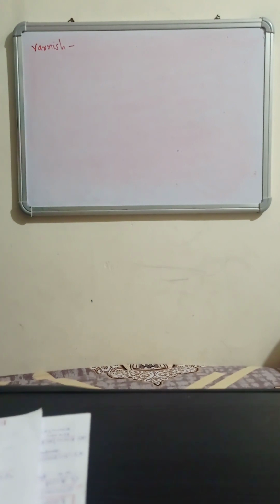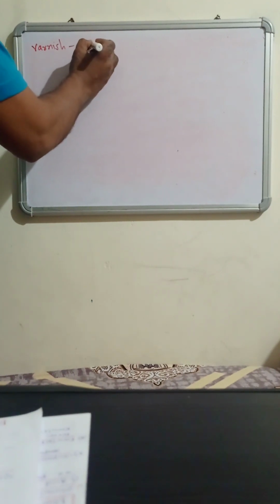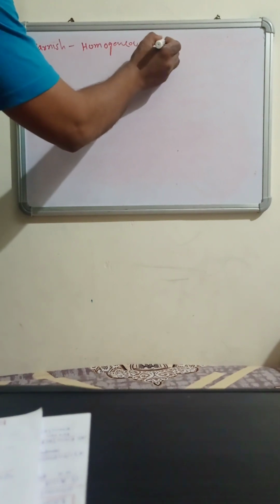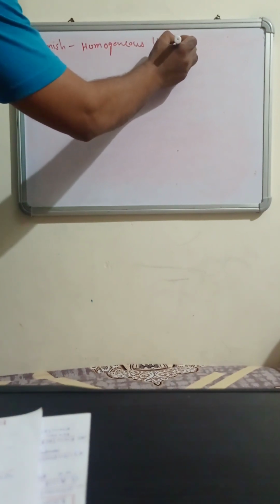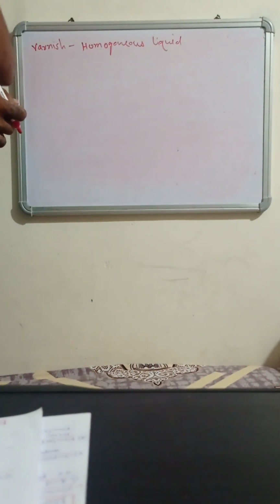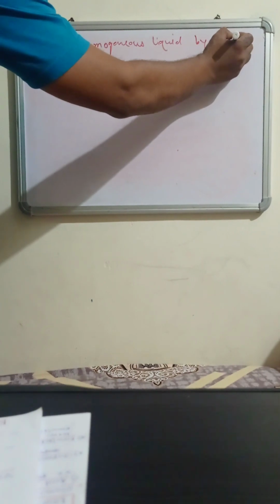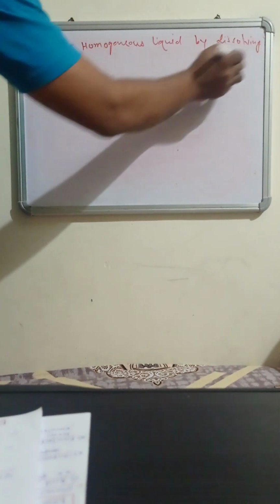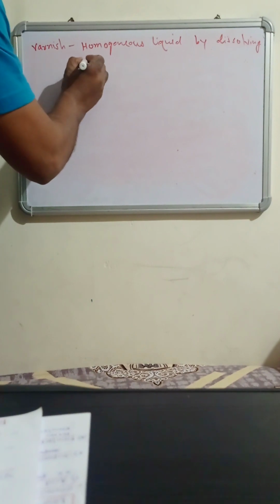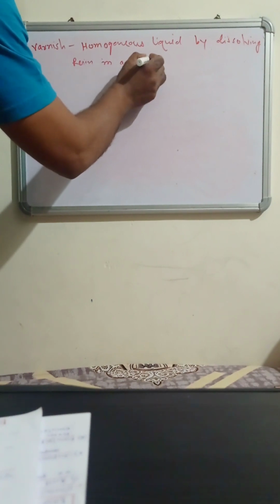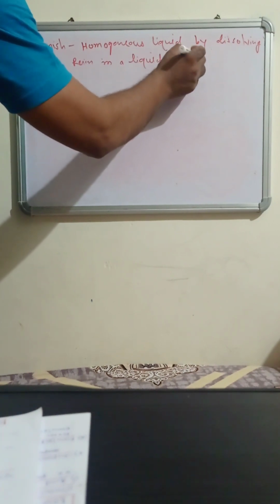दॅट्स वाय द डेफिनेशन ऑफ द वॉर्निश इज अ homogeneous liquid. It is a homogeneous liquid by dissolving resin in a liquid or thinner.